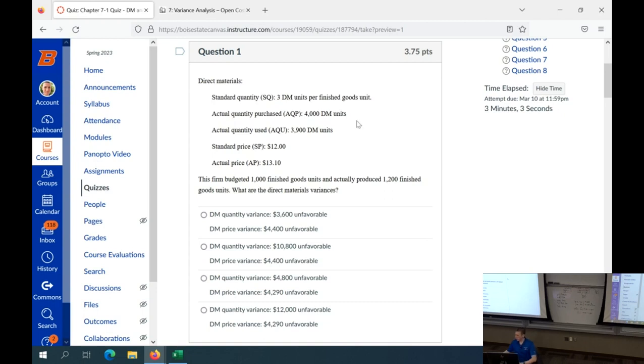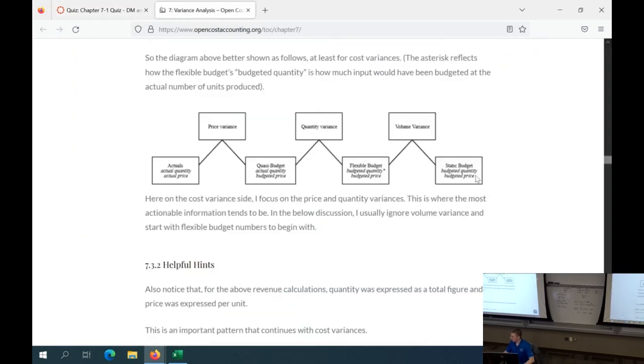And the standard quantity tells us what the exchange rate is. It's 3 direct materials units per finished goods unit. So if we convert the budgeted finished goods units using that conversion, it gives us one budgeted quantity, and if we convert the actual finished goods units, it gives us another one.